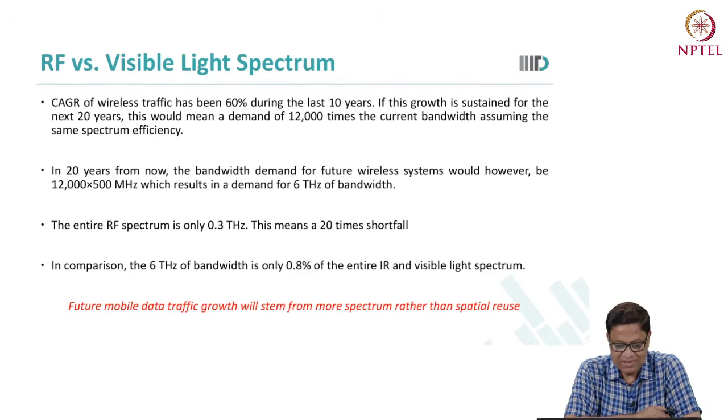So in 20 years from now, the bandwidth demand for future wireless systems will be of the order of 12,000 into 500 megahertz, assuming 500 megahertz is needed by the operator. This results in a demand of a total of 6 terahertz of bandwidth. The entire RF spectrum is just 0.3 terahertz, which means a shortfall of 20 times. In comparison, 6 terahertz of bandwidth is just 0.8% of the entire infrared and visible light spectrum.